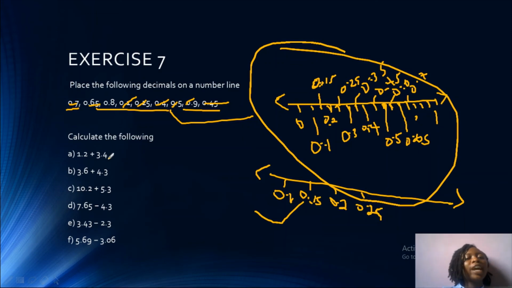Okay. So yeah, we have to calculate the following. So this is addition of decimal fractions. So 1.2 plus 3.4. So this is 6. 1 plus 3 is 4.